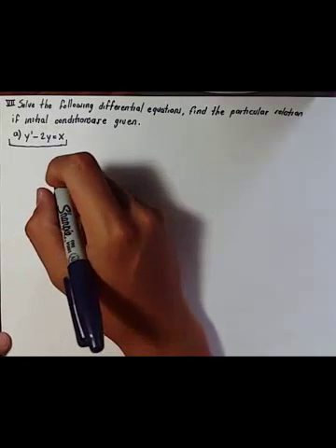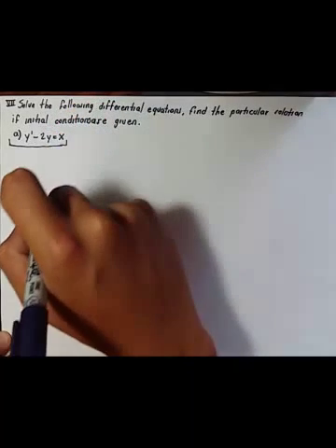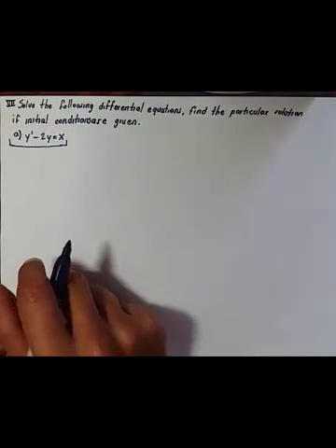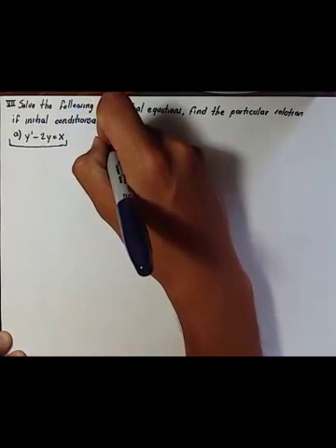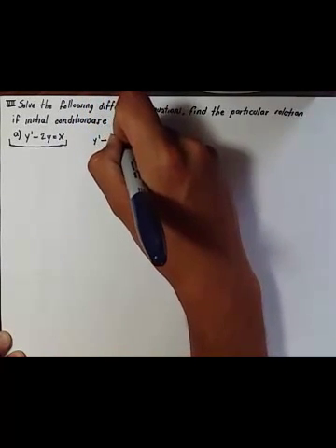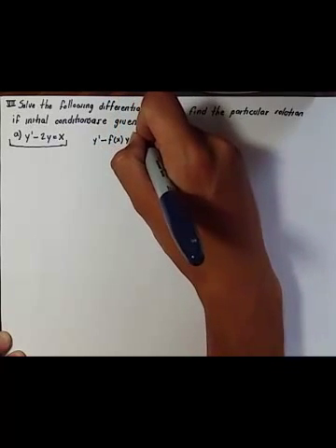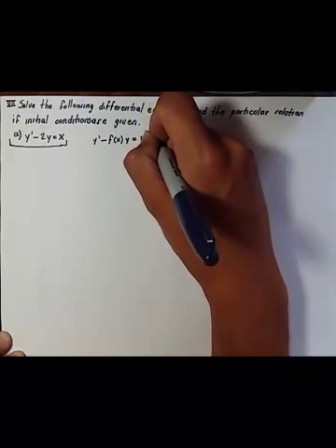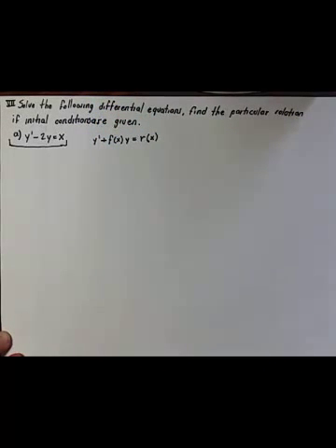We have that the way to solve the linear non-homogeneous equation is with this, that is the derivative of y plus f of x multiplied by y of x equals r of x.